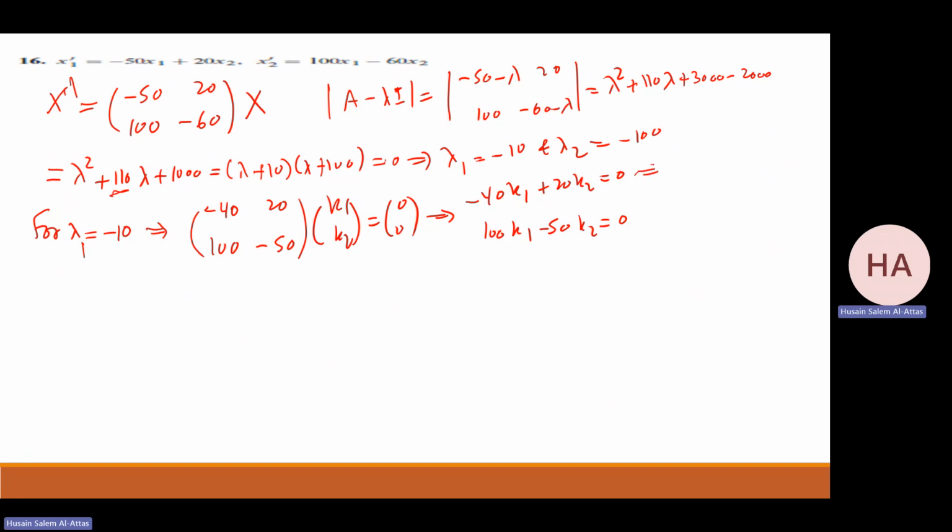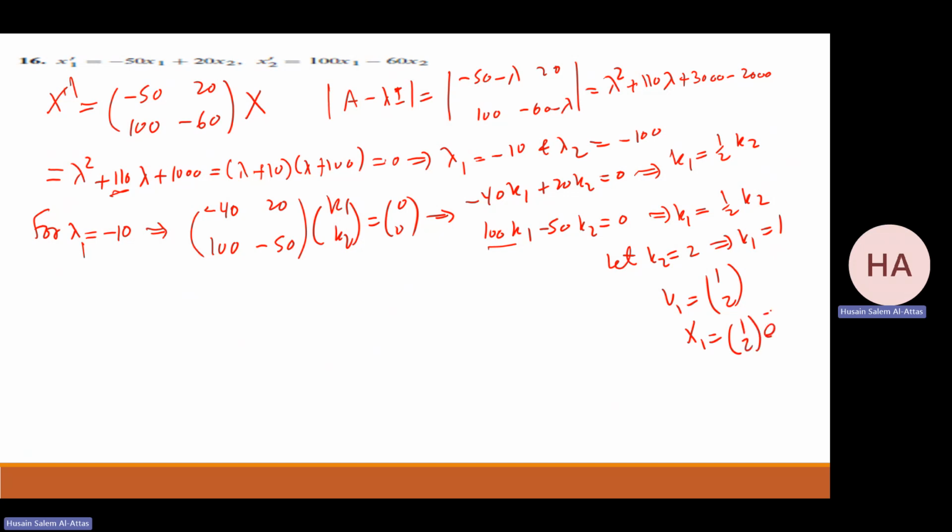This implies K1 equals half K2. Take it and divide by 40, 20 over 40 equals half, and the same thing here. Same equation, K2 equals 2. That implies K1 equals 1. So V1 will be (1, 2), and X1 is (1, 2) e to the power minus 10t.